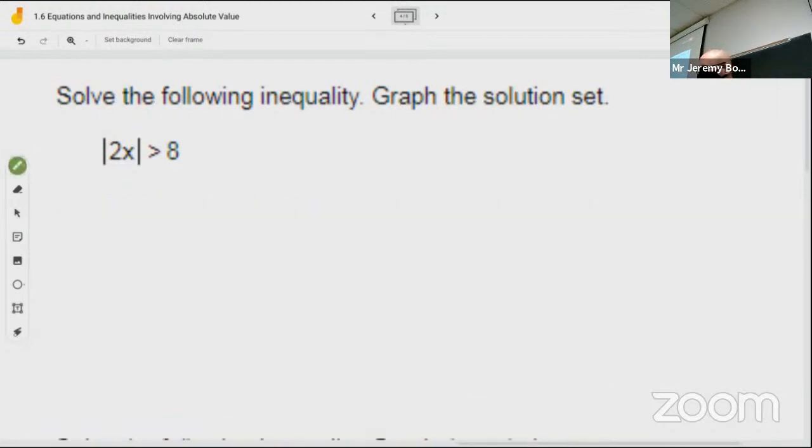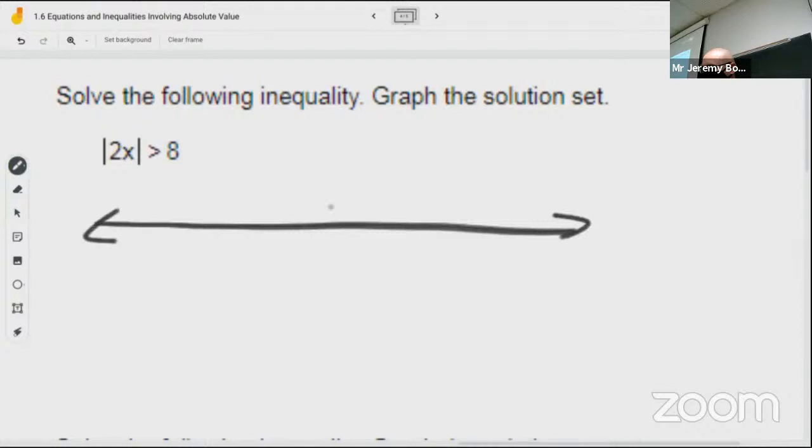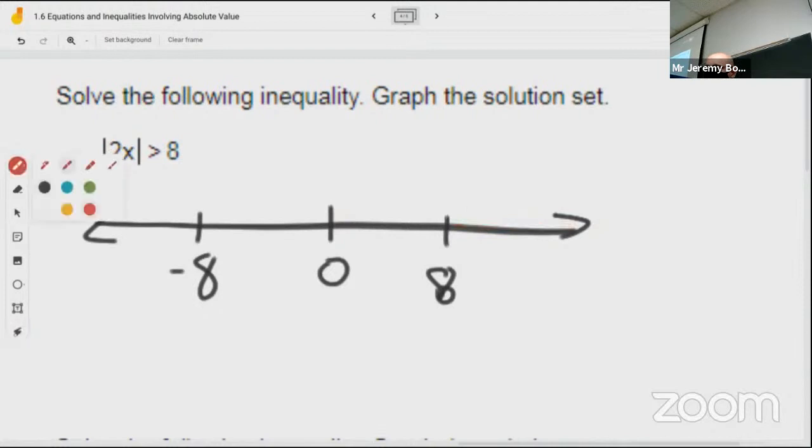So when we're looking at this one, and we picture it the same way we just did, we say, okay, this is 0, this is 8, and this is negative 8. It's saying that the absolute value of 2x is greater than 8. That means that it's jumping further than 8, going past 8, landing somewhere over here. So what we're looking at is this area here.